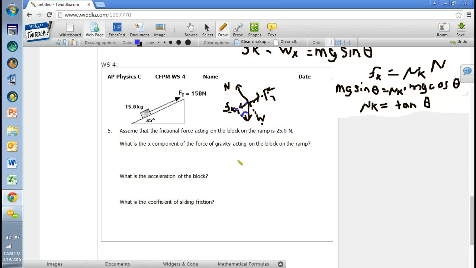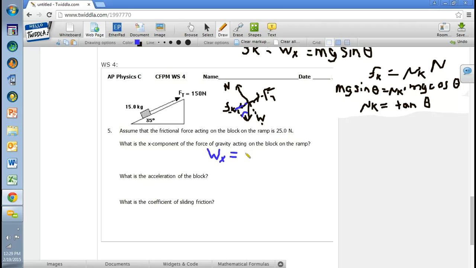Okay, a couple people say it's going to be the sine, right? So I'm trying to figure out what Wx is. I feel like I'm lecturing to you guys. I don't really like lecturing. If you have questions, please stop me.